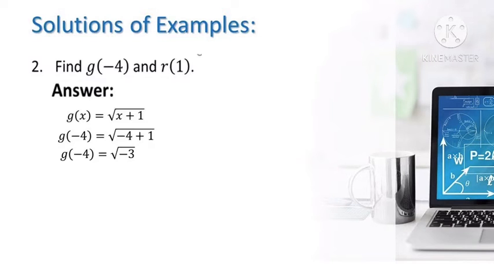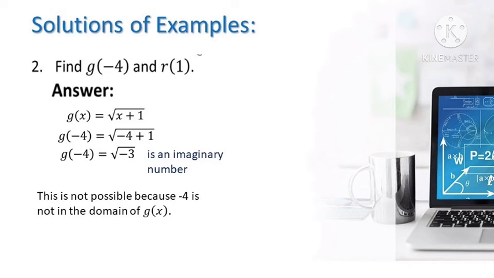But the square root of negative 3 is said to be an imaginary number. Therefore, this is not possible because negative 4 is not in the domain of g of x.